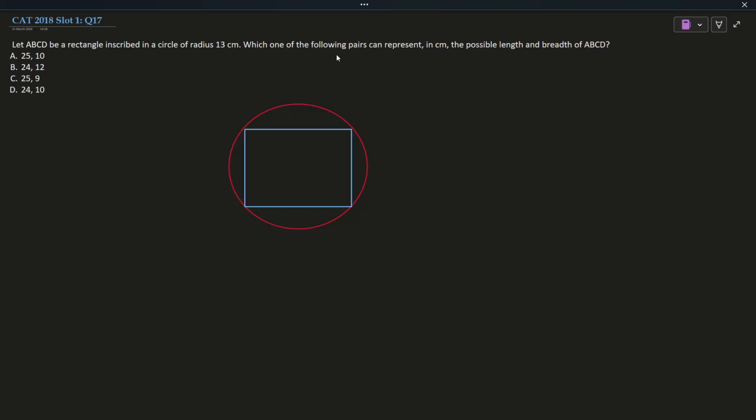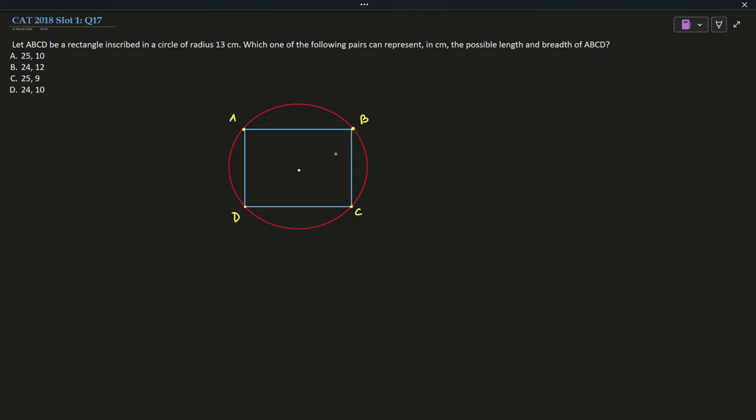Let's say this is the point A, this is point B, this is the vertex C, and this is D. This is the center of the circle.